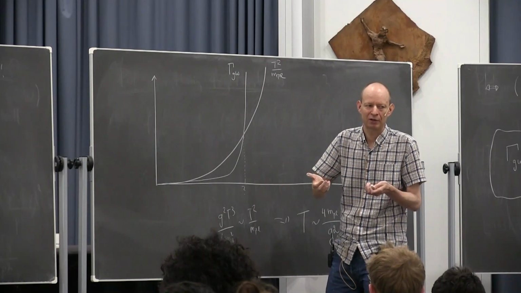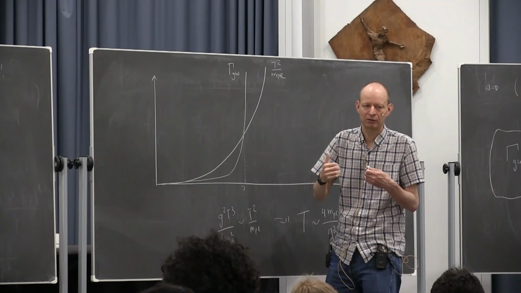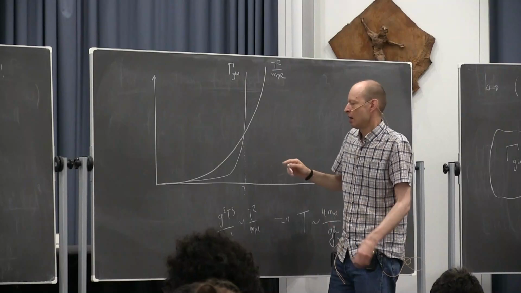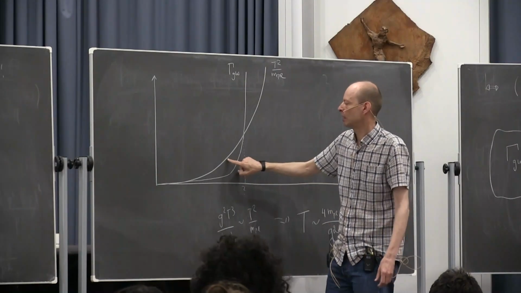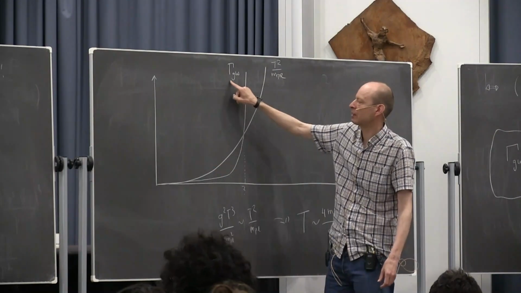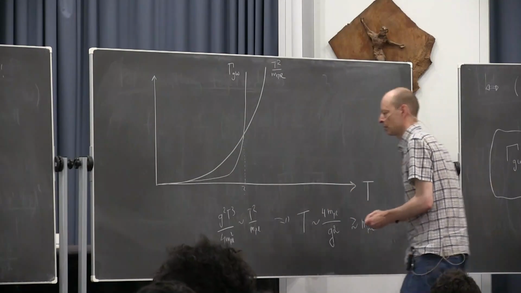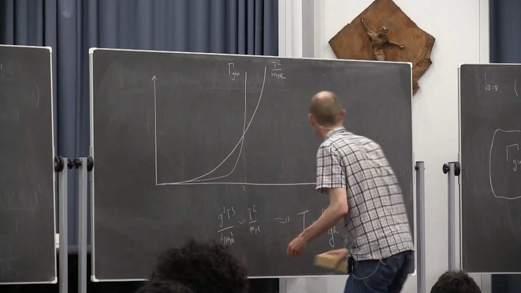If some rate is as large as the Hubble rate, then those particles are in equilibrium. However, if we are below it, then the rate is much less than the Hubble rate.